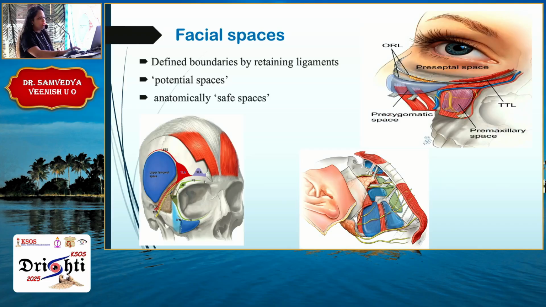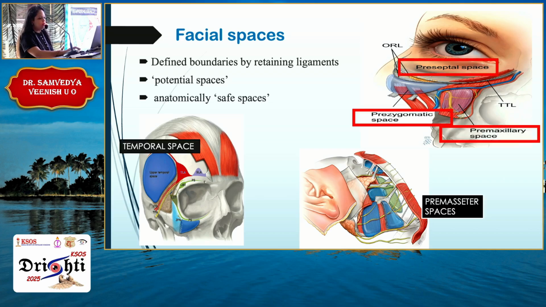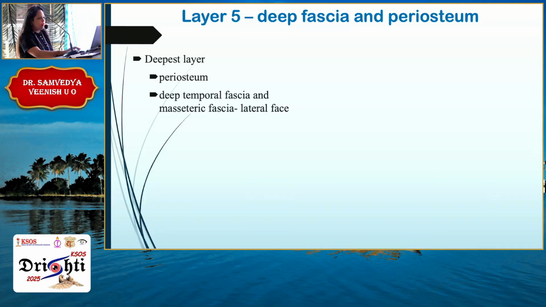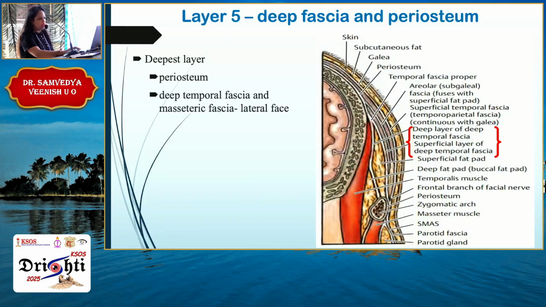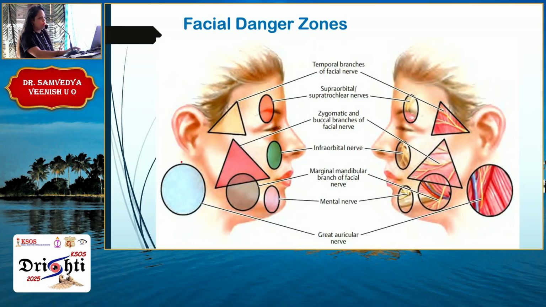The facial spaces are bounded by the retaining ligaments, and they are potential and anatomically safe spaces for blunt dissection. There are different names for the spaces in different regions of the face. The fifth layer is the periosteum. There are certain facial danger zones which contain the branches of the facial nerve, so one should be very careful while doing procedures around these regions.